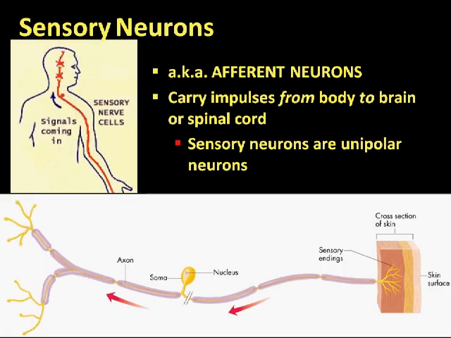So sensory neurons, as you might suspect, are going to be carrying information from the body to the brain or to the spinal cord. They're called afferent neurons, easily confused with the efferent neurons. And sensory neurons are usually unipolar neurons. You can see this picture here.